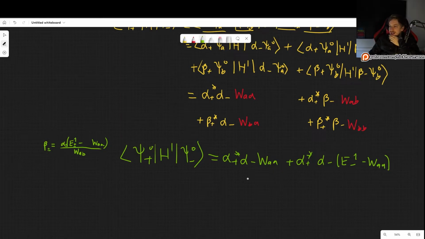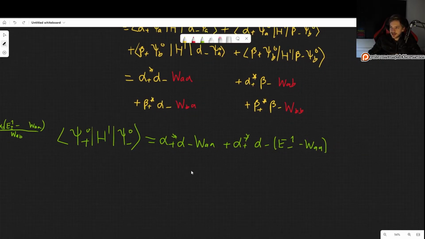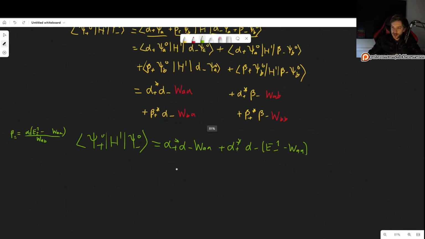Okay, now the next term would be this one. So there we have beta plus alpha minus. But what is beta plus? Beta plus conjugate, of course. There we get, let's put it here, alpha plus conjugate. And then we have E plus minus 1 minus, also not plus minus, we are in the case plus. So of course it's E plus, minus WAA divided by, and now WAB conjugate.